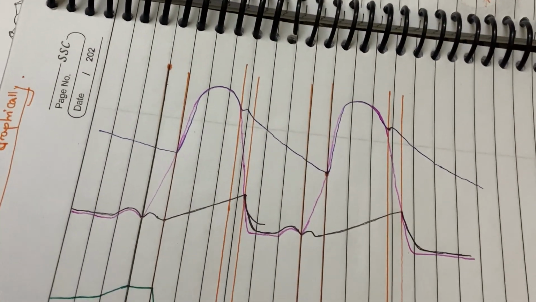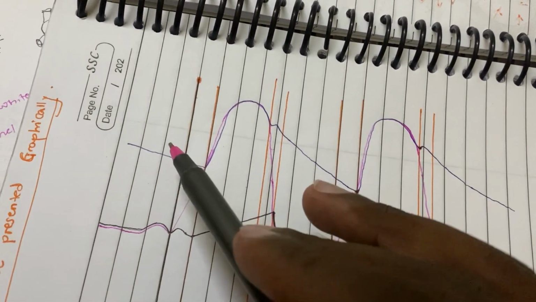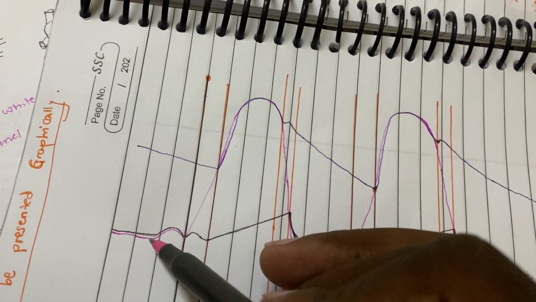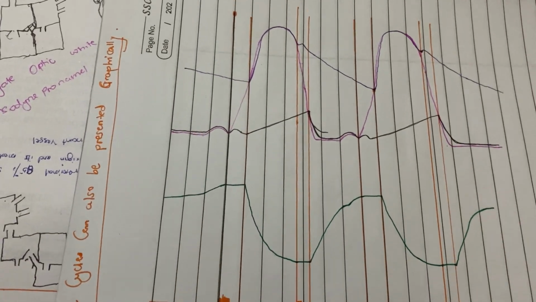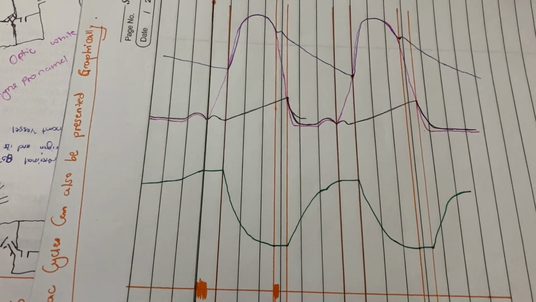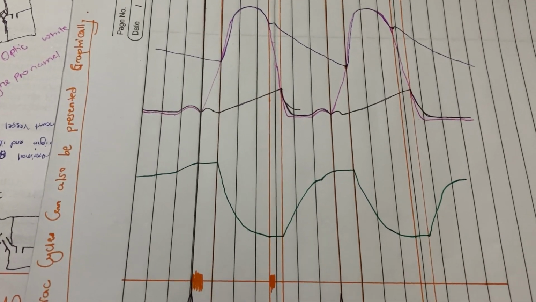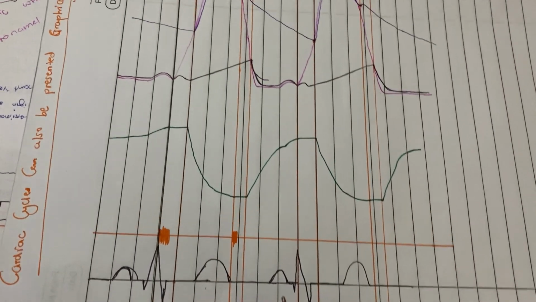These are many line graphs. How many are they? 1, 2, 3, 4. Yes, 4. I put 4. And then these heart sounds, phonocardiogram, and then ECG. This is a combination.